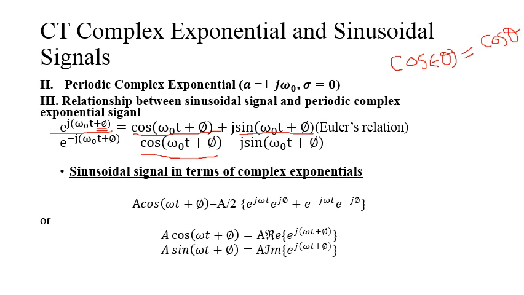But sine is an odd function, so that means sine of minus theta equals minus sine theta. So because the sign here is changed, here it was positive, here it is negative, but again you see there is no effect on the real part, because the real part is an even function of time, whereas the imaginary part, which is sine, is the odd function of time. So that's why we have this.